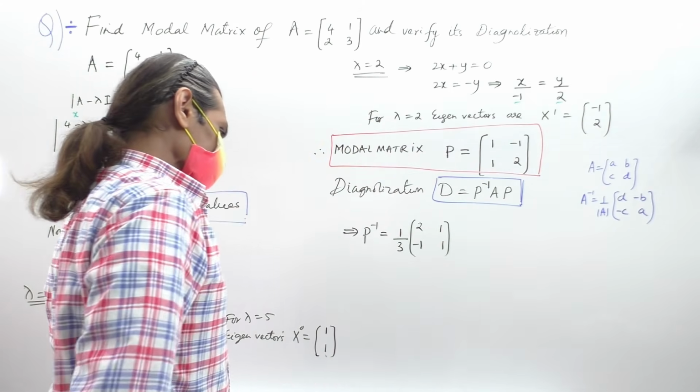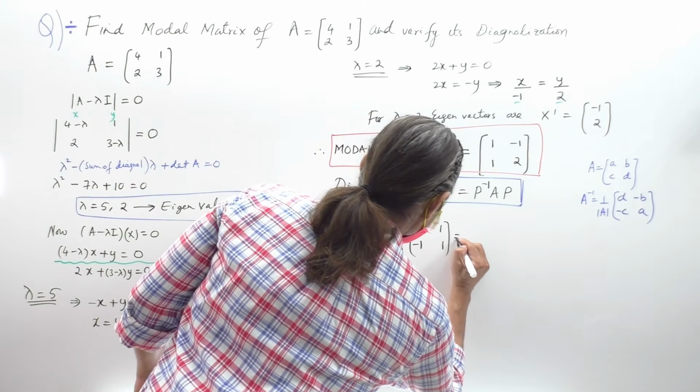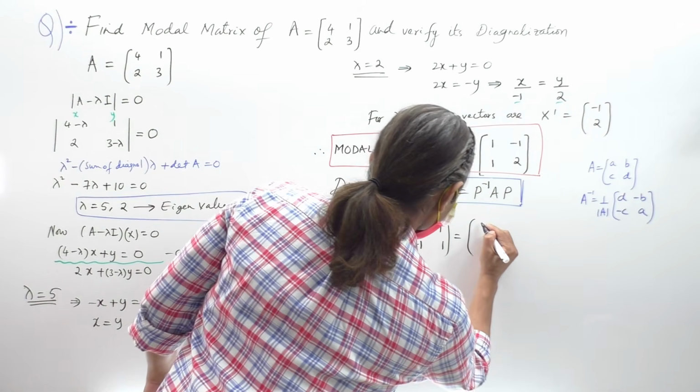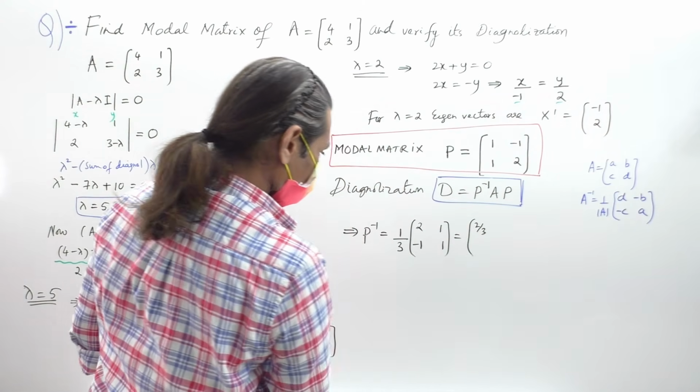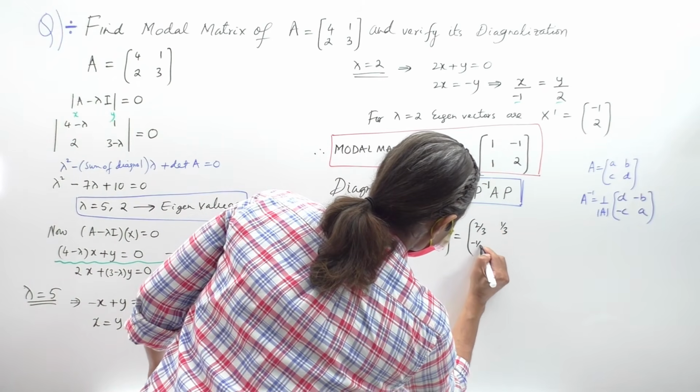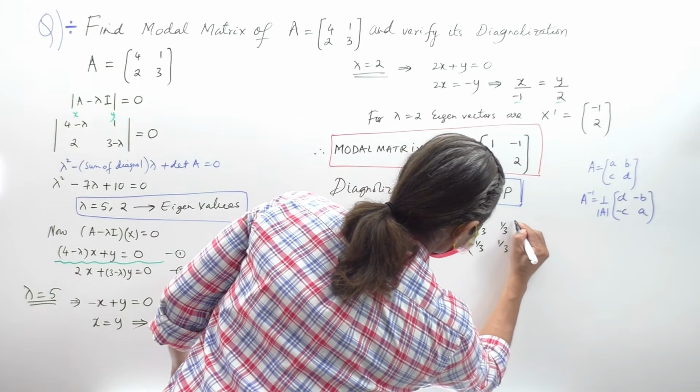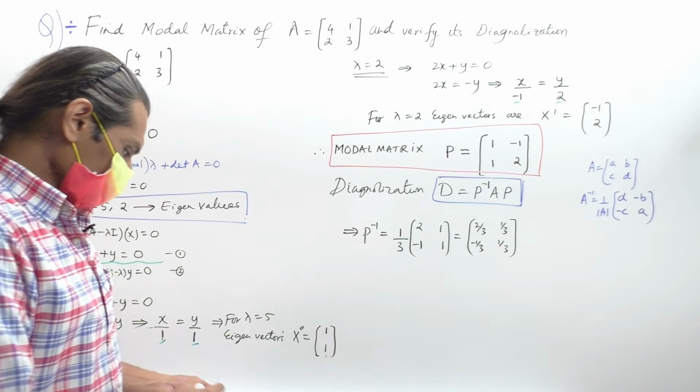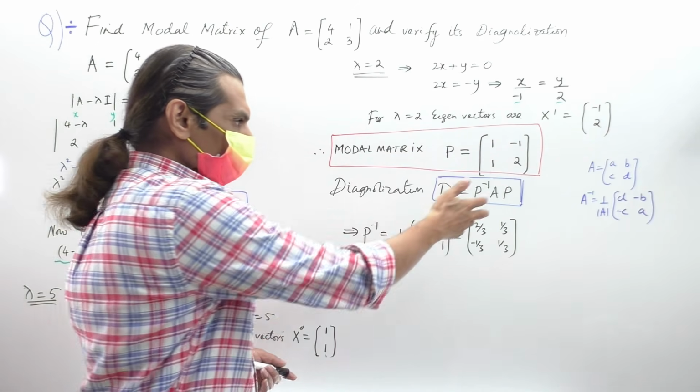This is what you get. So I'll write P inverse is equal to 2 by 3, 1 by 3, minus 1 by 3 and 1 by 3. This is the P inverse matrix. See, we have solved it like this.